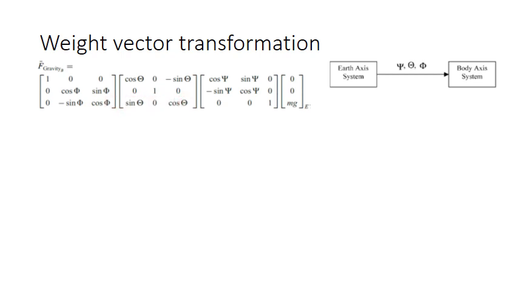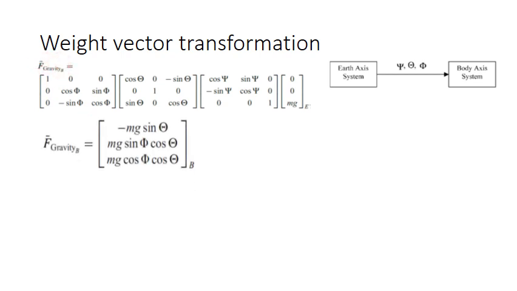This is R1, which is a function of roll angle phi, times R2, which is a function of pitch angle theta, times R3, which is a function of yaw angle psi, times the gravity vector in the Earth coordinate system to get it in the body coordinate system. This yields the following weight vector in the body axis system as follows.